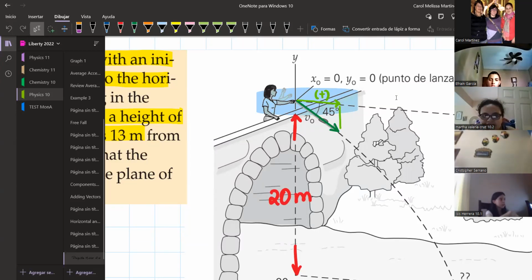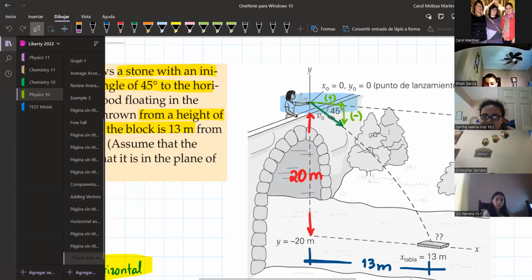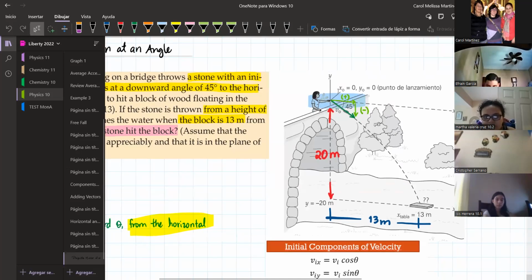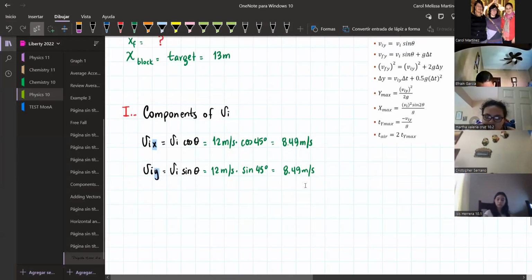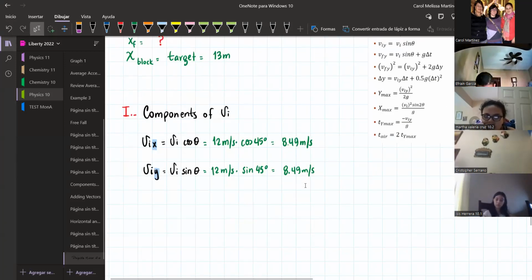It's going down, so it's going to be negative for y. That's important because when we get the components, we need to include those signs, okay? So the x component will be positive and the y component will be negative. It is positive in x and negative in y because it's going downward, and this one is positive because it's going rightward, okay?